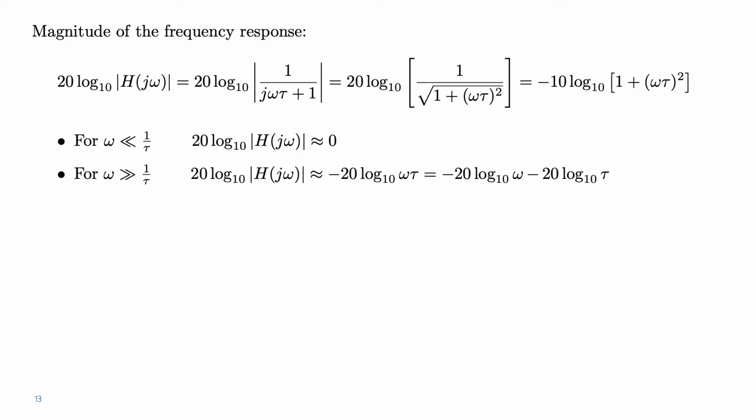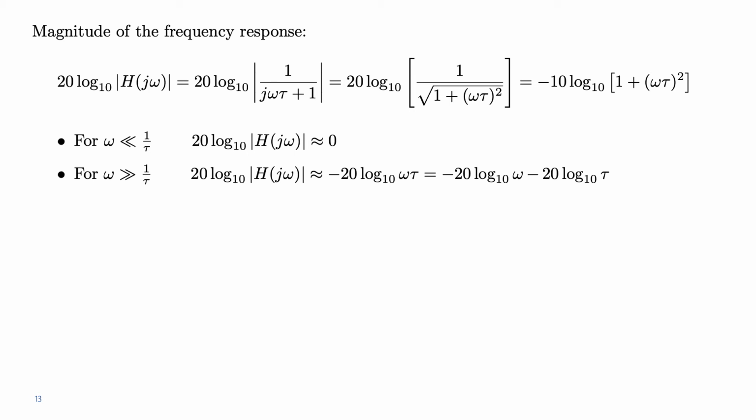It can be neglected, therefore we can approximate the whole thing by 20 log 10 magnitude of H of j omega equal to minus 10 log 10 of 1, which is 0, it's 0 dB. So in the end we have that for omega much smaller than 1 over tau, the magnitude of frequency response can be approximated by 0 dB.